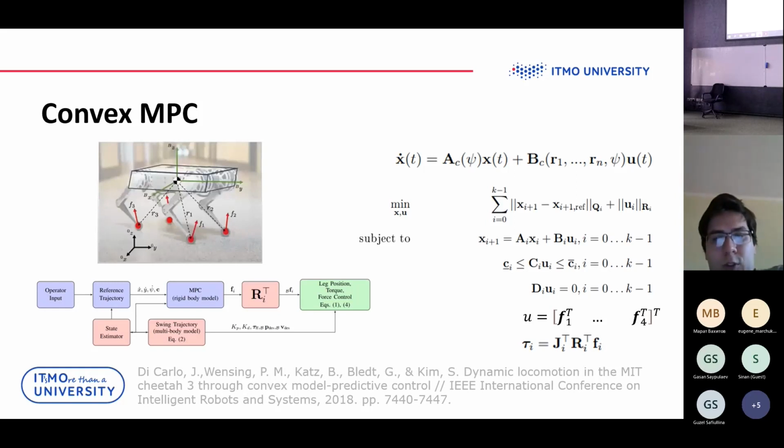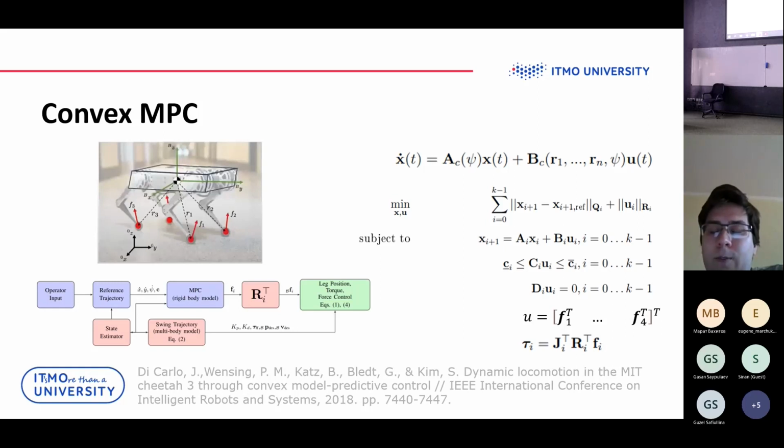Control inputs can be expressed as the ground forces of each leg. As we can see, there are some equality constraints and inequality constraints. The equality constraints are actually the linear dynamics of the floating base model.